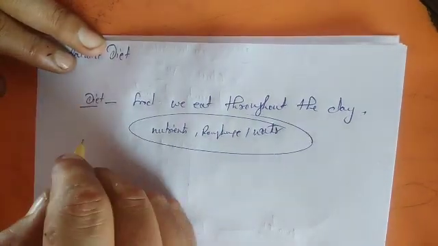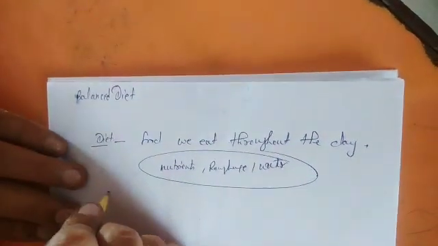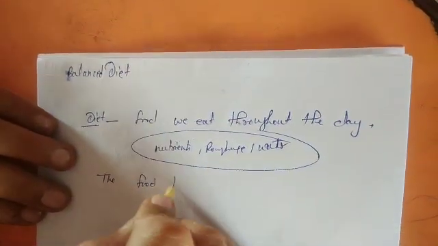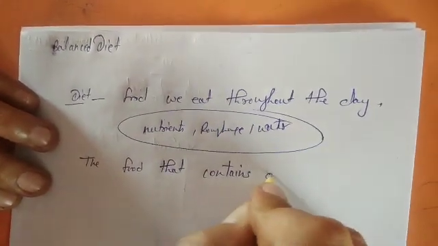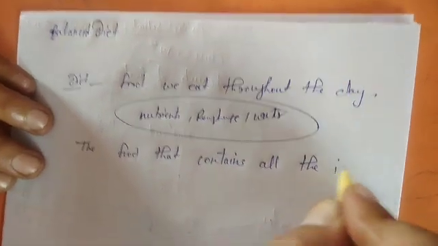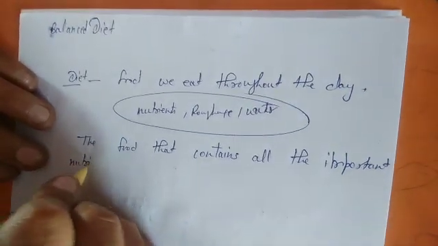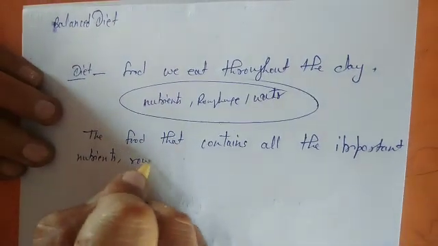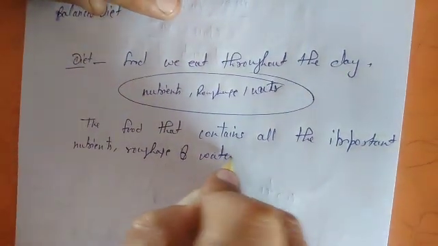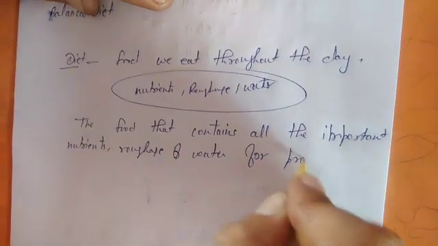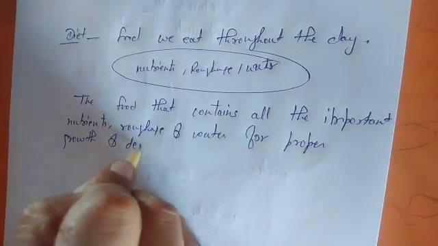So what we call a balanced diet is the food that contains all the important nutrients, roughage, and water for proper growth and development.